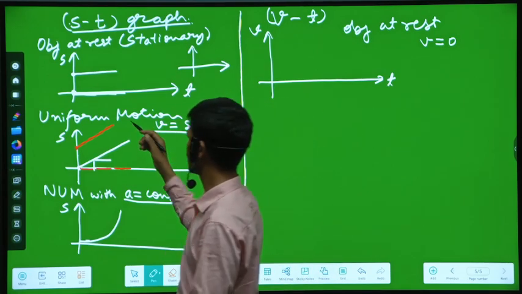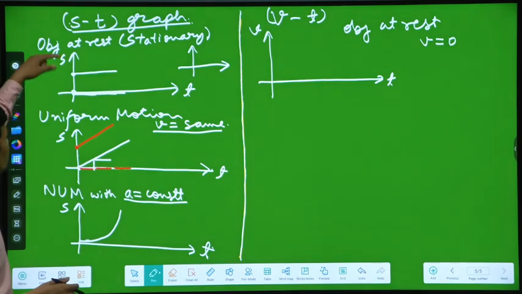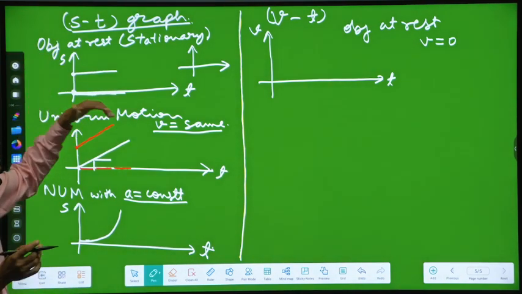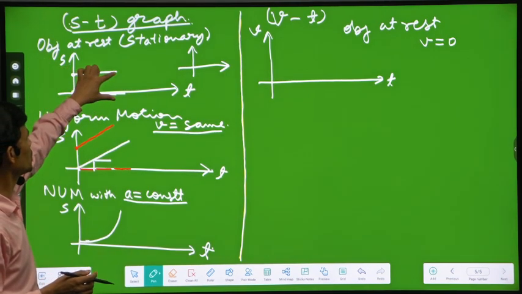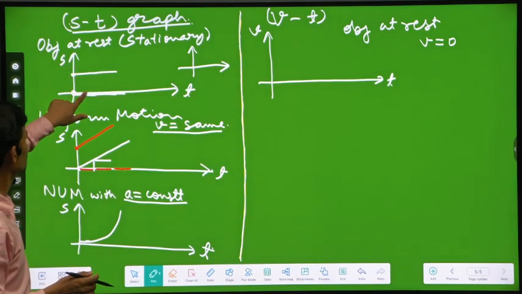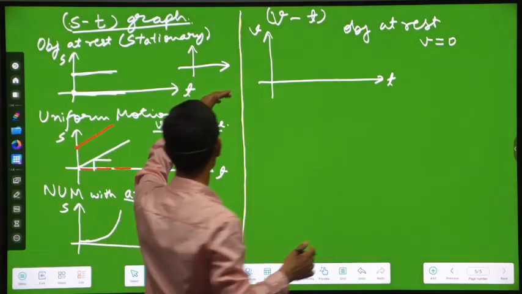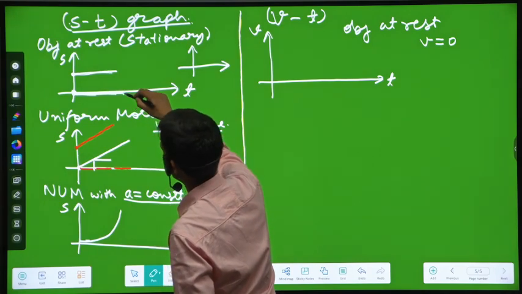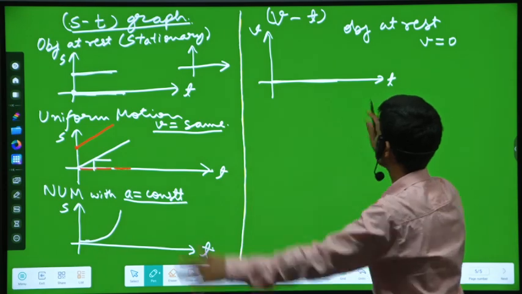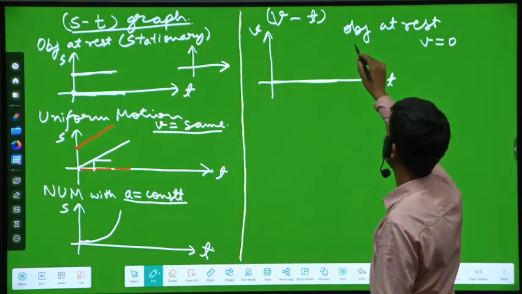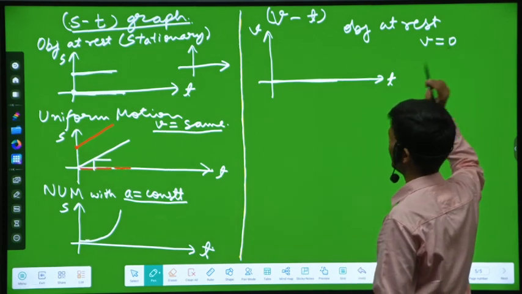Yes, of course, but what I told, that if object is at a particular separation from the observer, then it will remain constant. So either this or this. But here either this still velocity is 0 or this still velocity is 0. So that will be a complete empty graph. VT graph will be empty for object at rest.